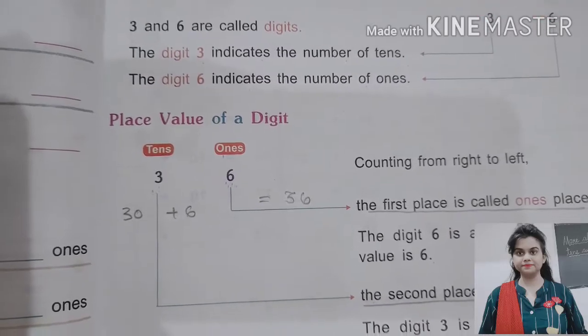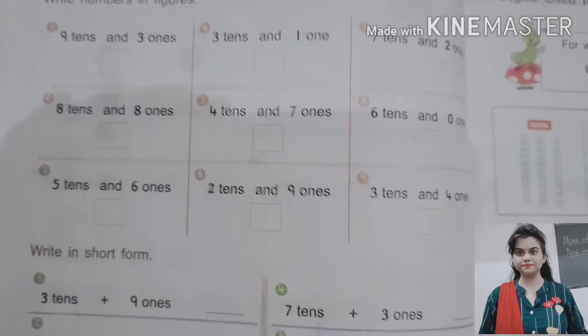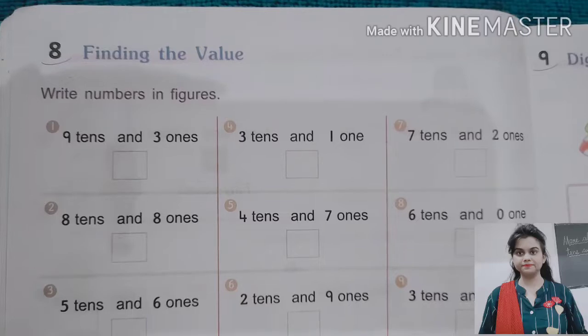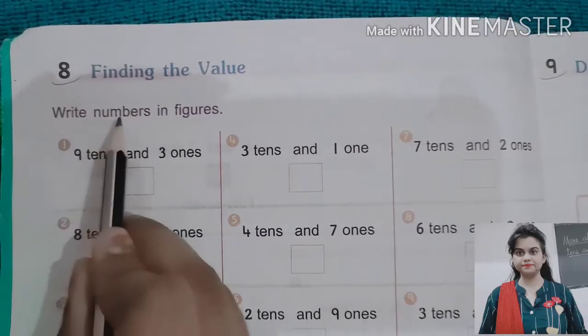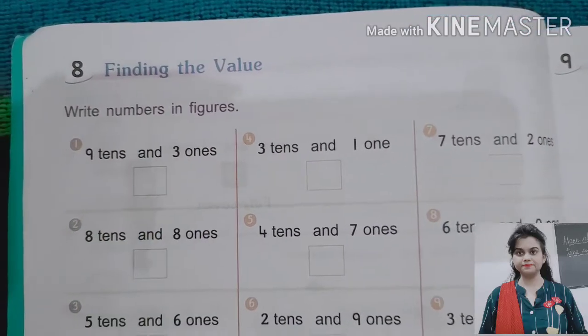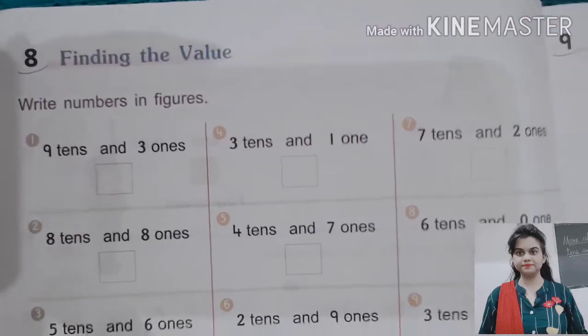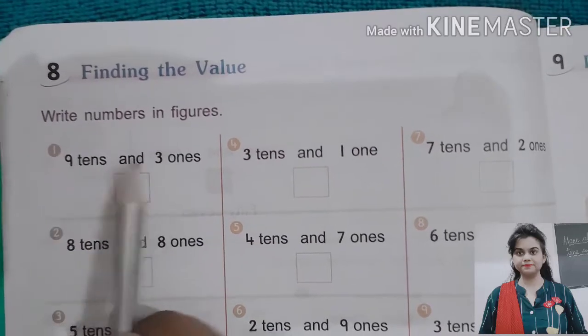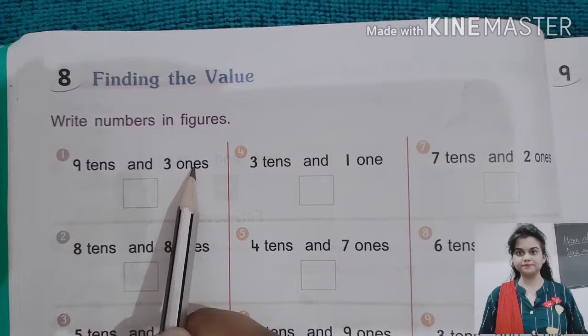Now let us see more examples, given on page number 70 of your textbook. Question number 1. Write the numbers in figures. 9 tens and 3 ones.